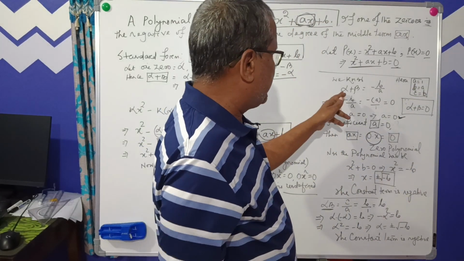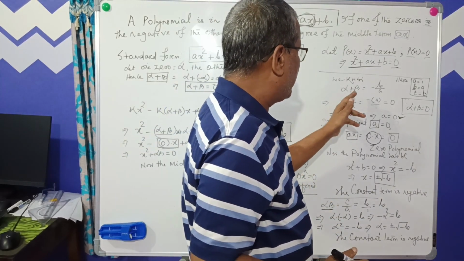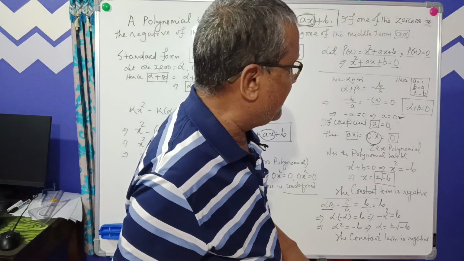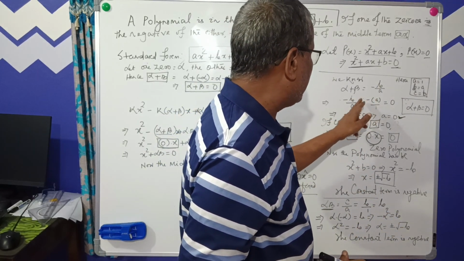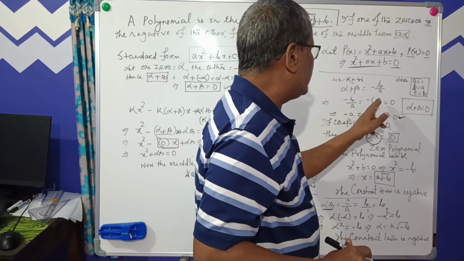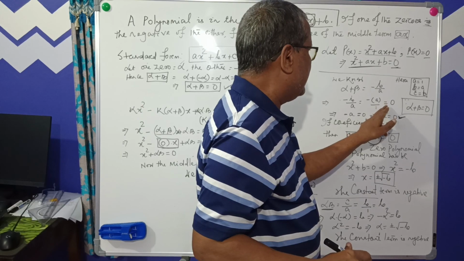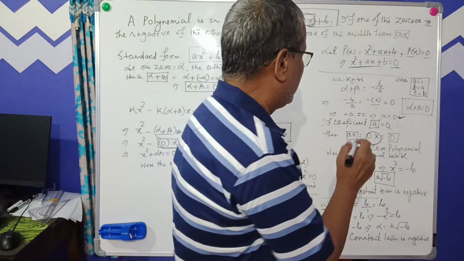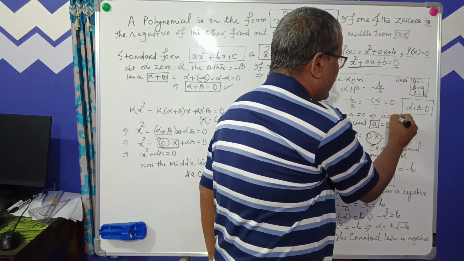According to our question, alpha plus beta is minus b by a. So minus b by a, putting the value, is minus a, and a is 1. Then minus a is equal to 0 because alpha plus beta is equal to 0. So a is equal to 0.